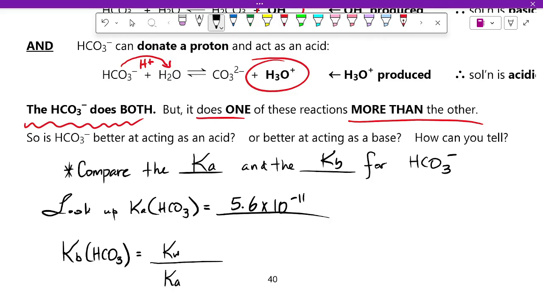Now, you'll notice I've left a little bit of space here. Do not write this next bit down. Are we happy with what I've written?